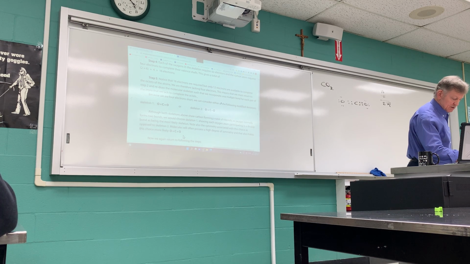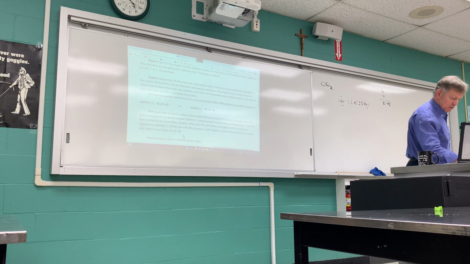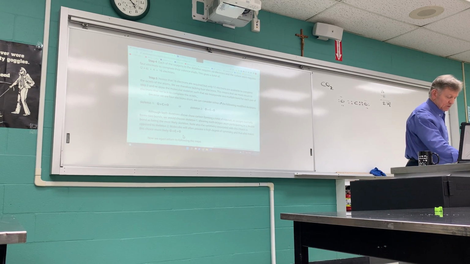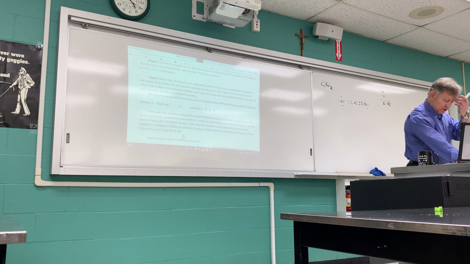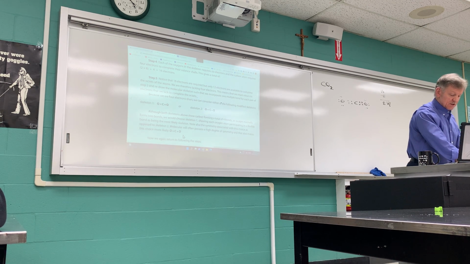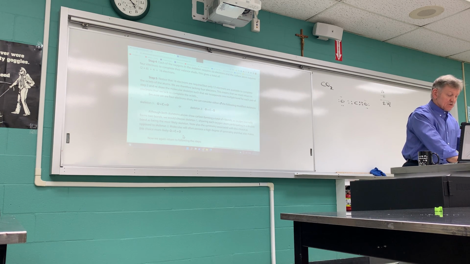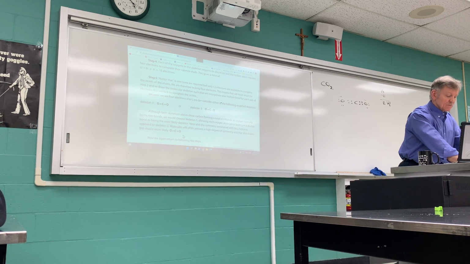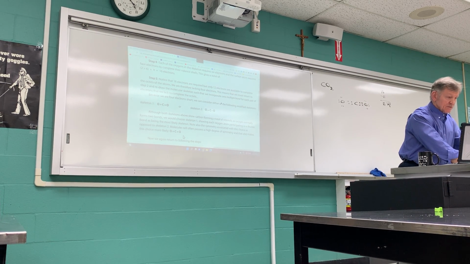Let's look at the practice problem on the top of page 353. Assign formal charges to each atom in each of the following 2 structures for carbon dioxide. Predict which structure is favored.